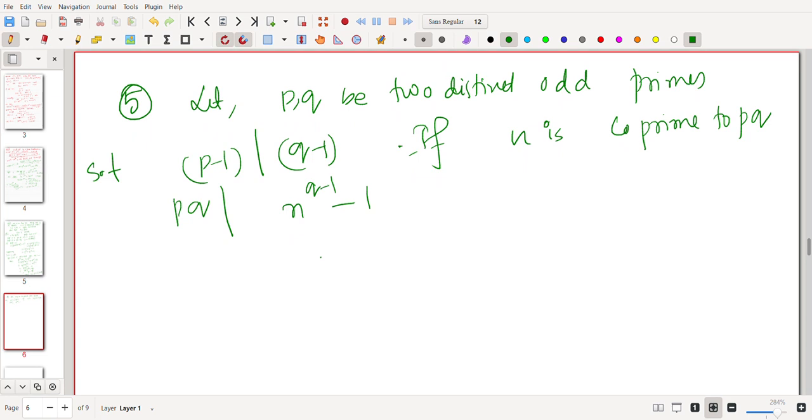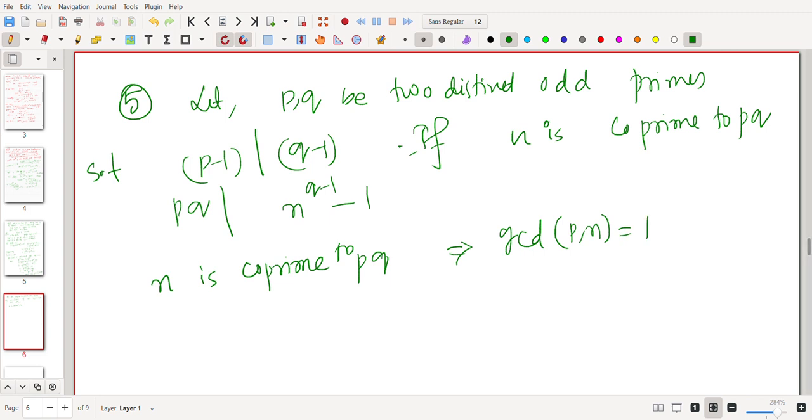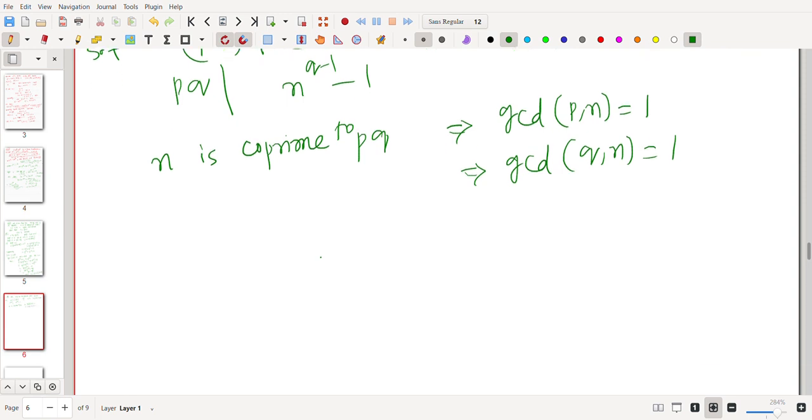So it is basically application of Fermat's little theorem, which is very obvious. So see, the thing is that n is co-prime to PQ. This will imply that GCD of P comma n equal to 1 and GCD of Q comma n equal to 1, right?